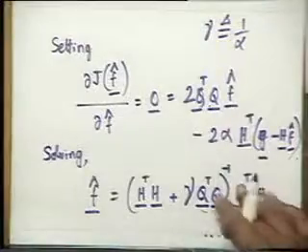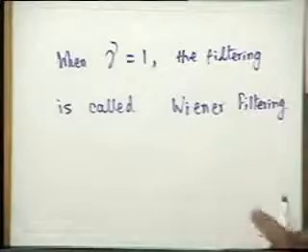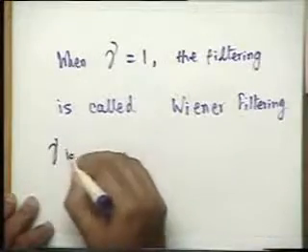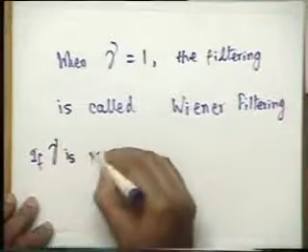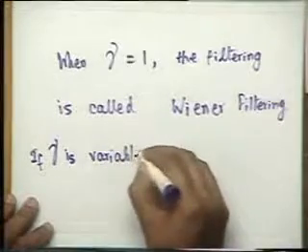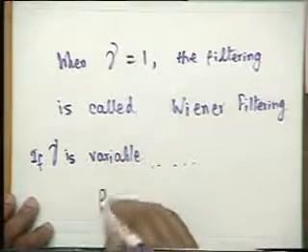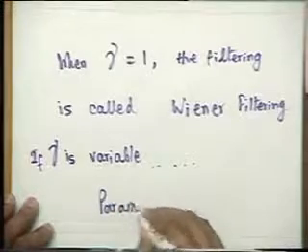Now we are permanently keeping gamma equal to 1, so it is not optimal. So if we can make gamma variable, then possibly we can lead to an optimization. So if gamma is variable, we call it parametric Wiener filter.